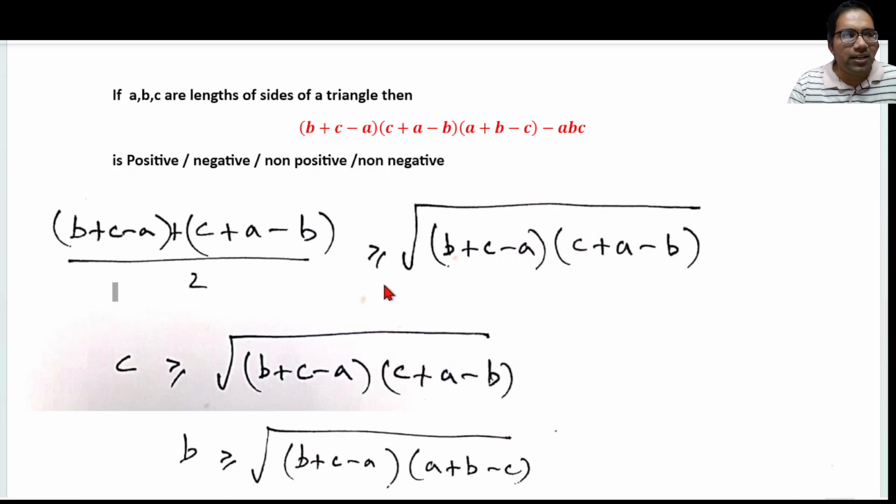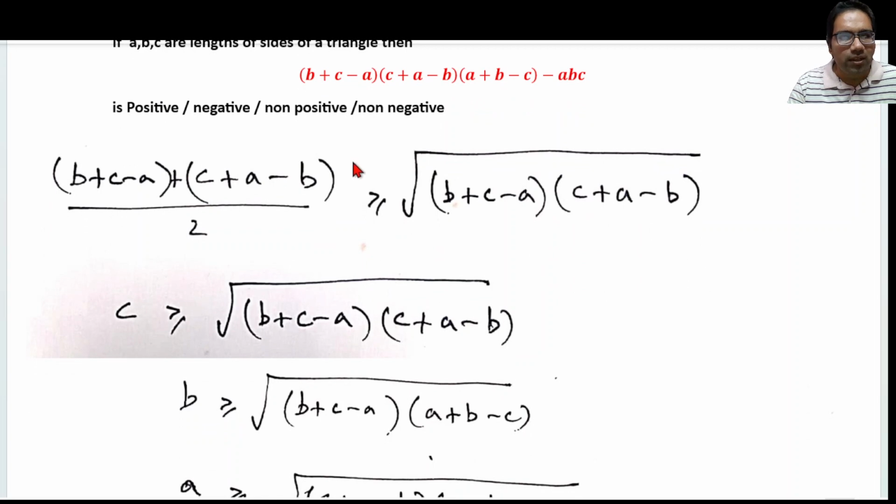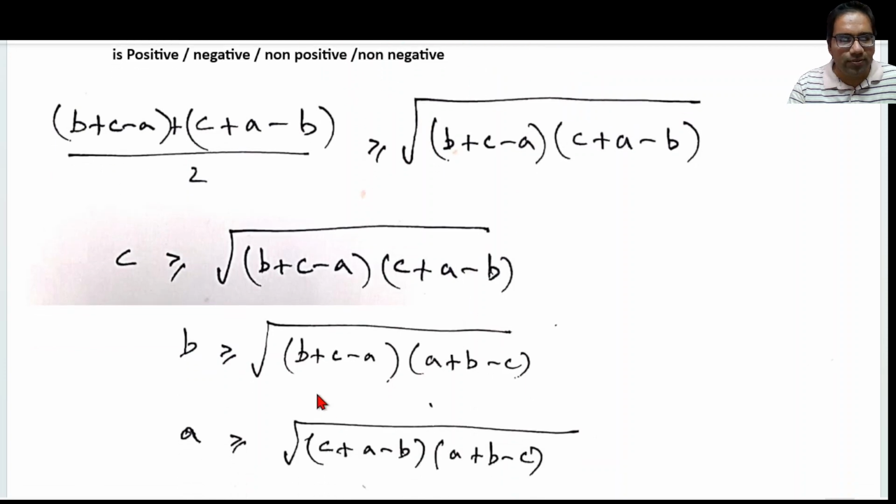Right. Now similarly, if we take the other two numbers, for example, b + c - a and a + b - c, then here there is c minus a and here there is a minus c. So a and c will cancel each other, and we will be left with b.